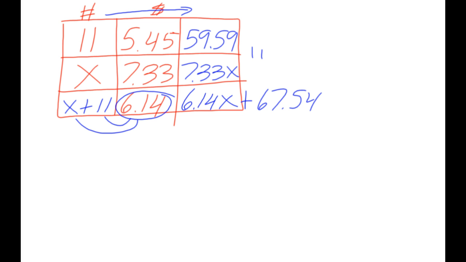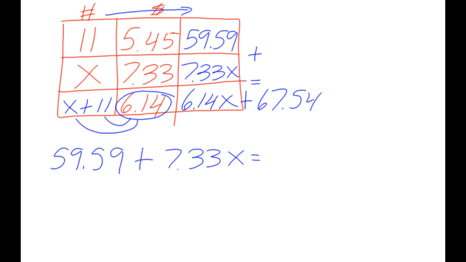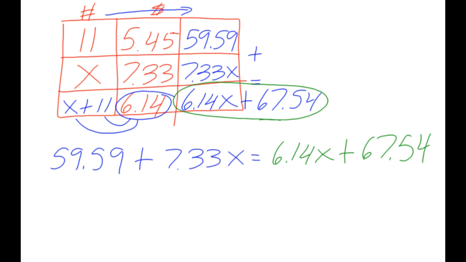Now I set up my equation. I'm going to add these two, and they're going to equal what's on the bottom. Okay? So your equation is going to look something like the 59.95 plus the 7.33x will equal what's in this box right here, and that is 6.14x plus 67.54.